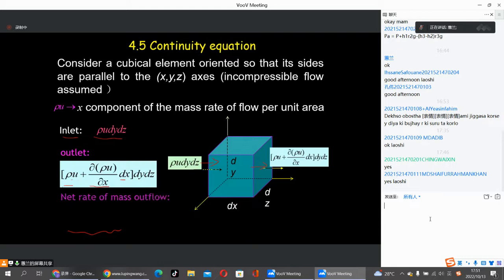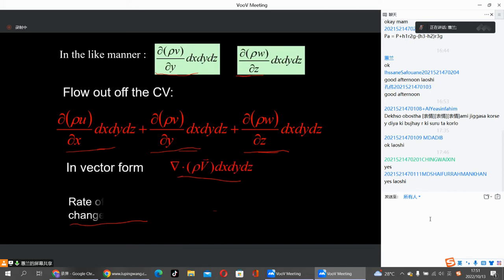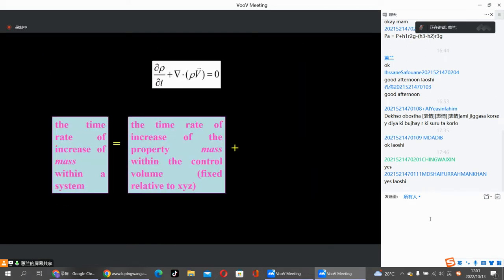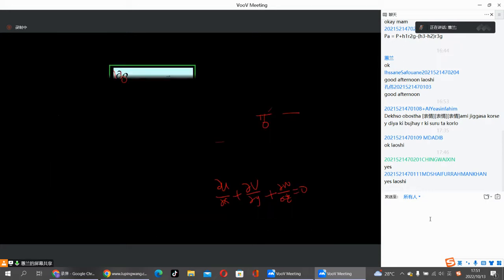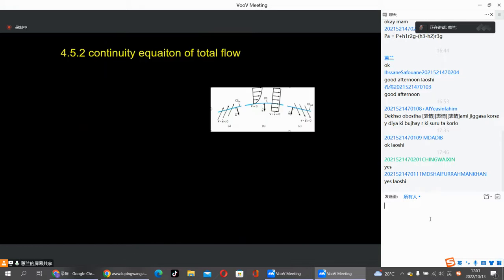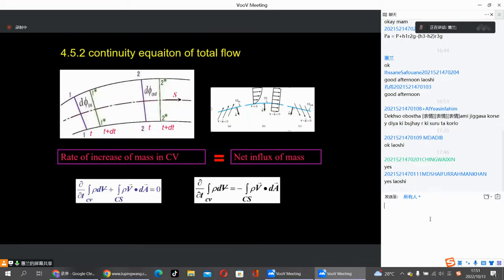So you can write down this mass conservation, or we call it the continuity equation, in differential form, or we can write down its integration form. For the integration form, I think it's easier for you to understand. So the continuity equation for total flow.